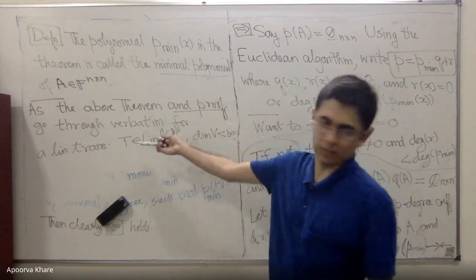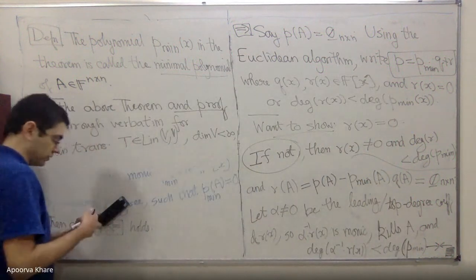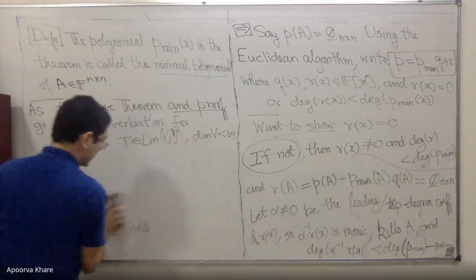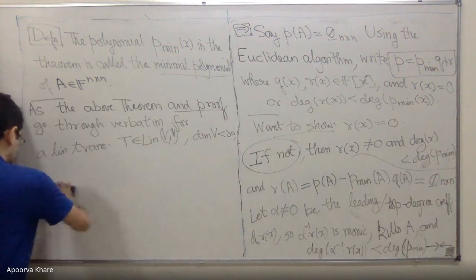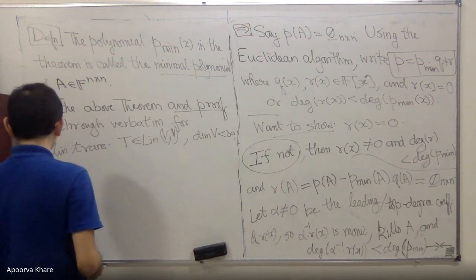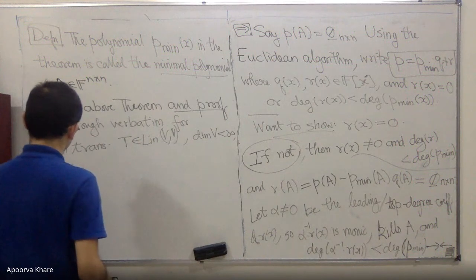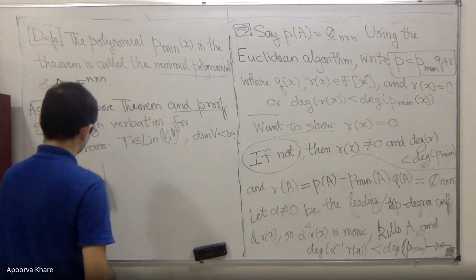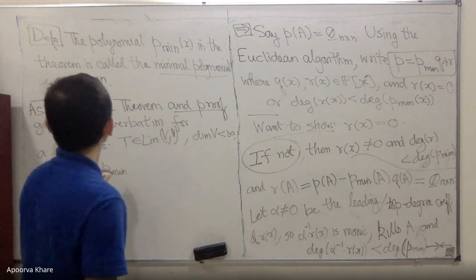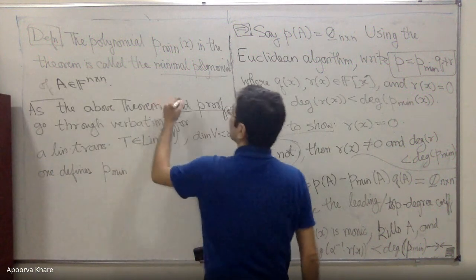We can also similarly define the minimal polynomial of T. And of course, it's the same thing. It's the same polynomial the moment you give T a basis. Let me give it a slight name.